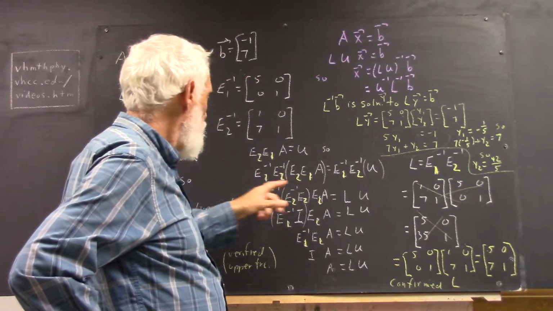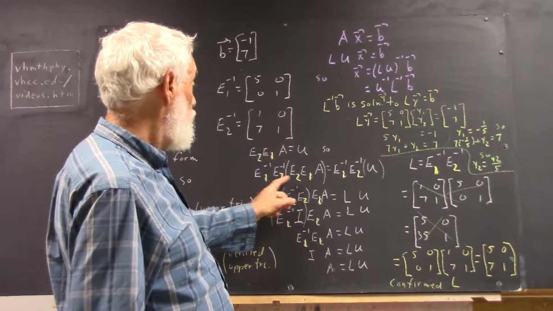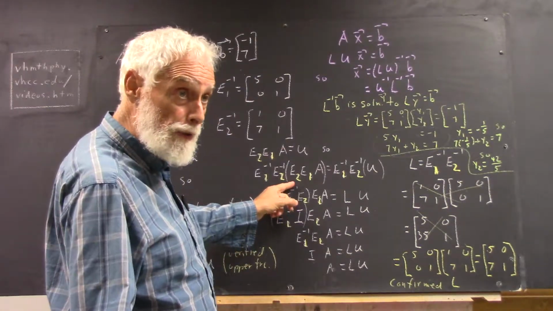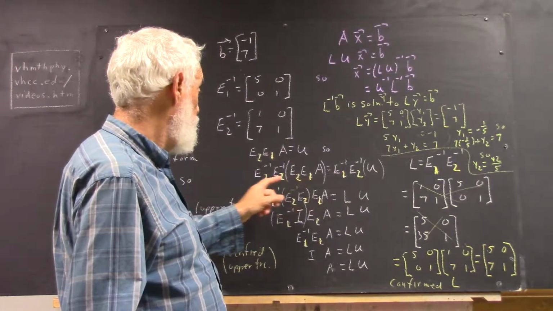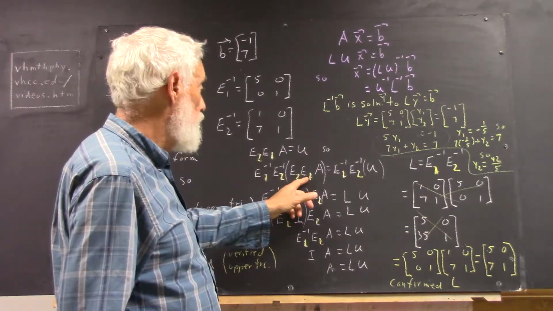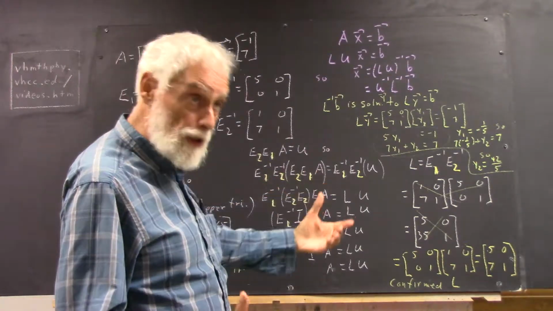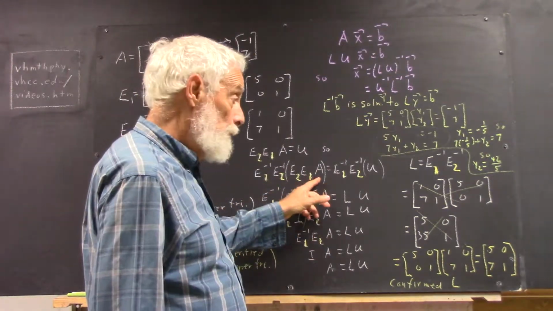Why would we multiply by E1 inverse E2 inverse? Well, it comes down to E2 inverse times E2 is the identity, and the identity times either E1 or E1 inverse is that matrix. So now we have E1 inverse times E1 times A, and E1 inverse times E1 is the identity matrix, so we end up with just A.